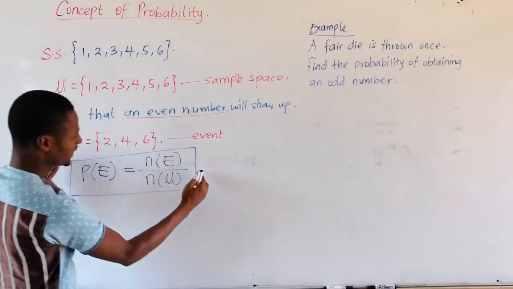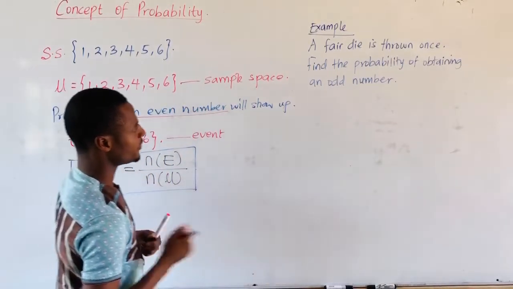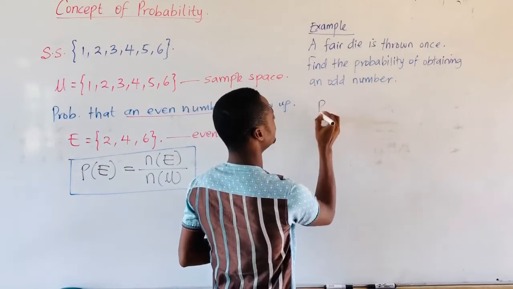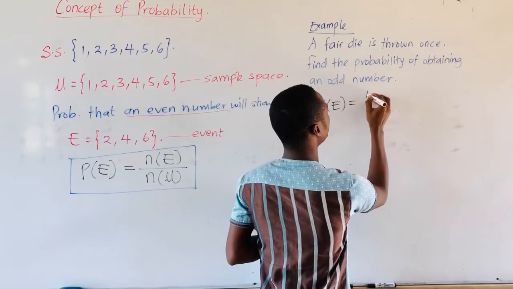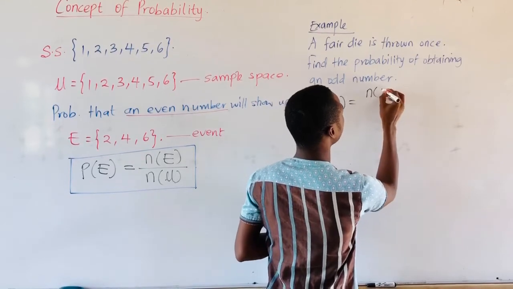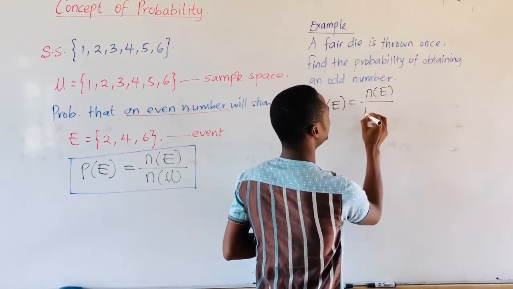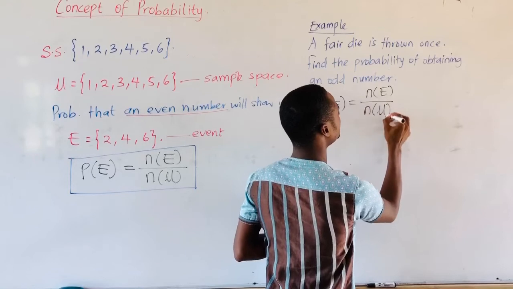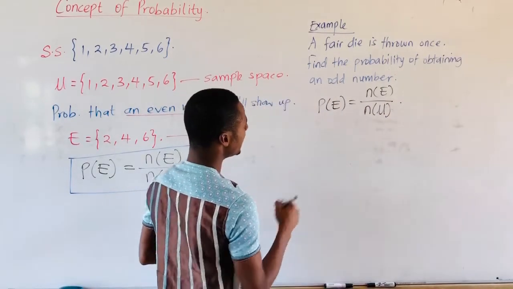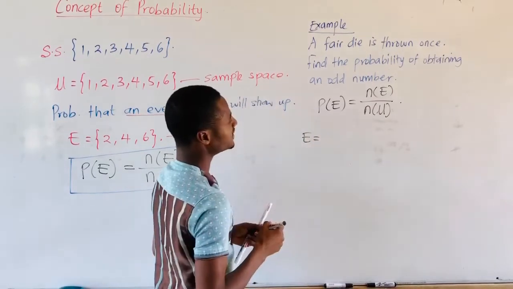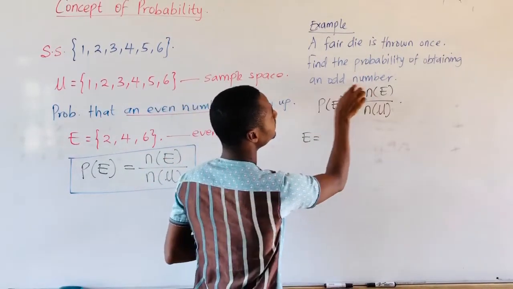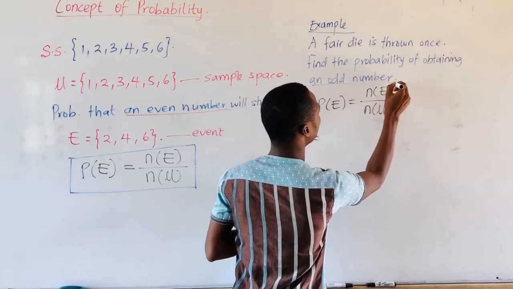Then we know the classical approach to measuring probability, which states that the probability of an event is equal to the number of elements in the event divided by the number of elements in the sample space, where the event itself is the set of the real outcome, so an odd number.